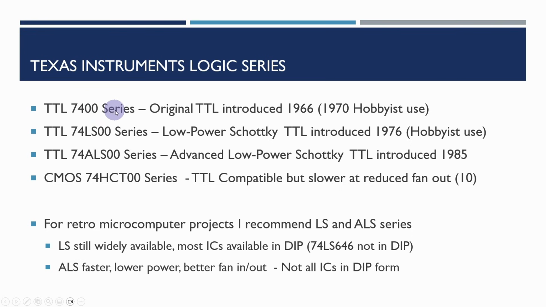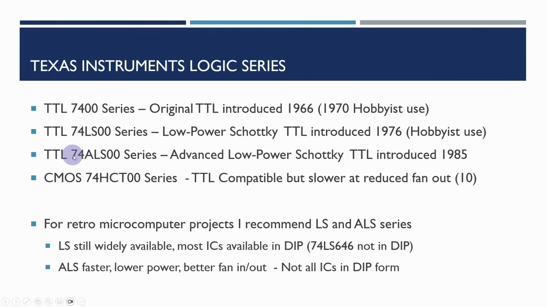So the 7400 series, the original transistor logic, 1966. I think the earliest magazines I saw in the UK was about 1970, where you could buy these chips from mail order. Then the low power Schottky, normally known as LS, introduced in 1976, again for hobbyist use there, may have been available a little bit earlier.